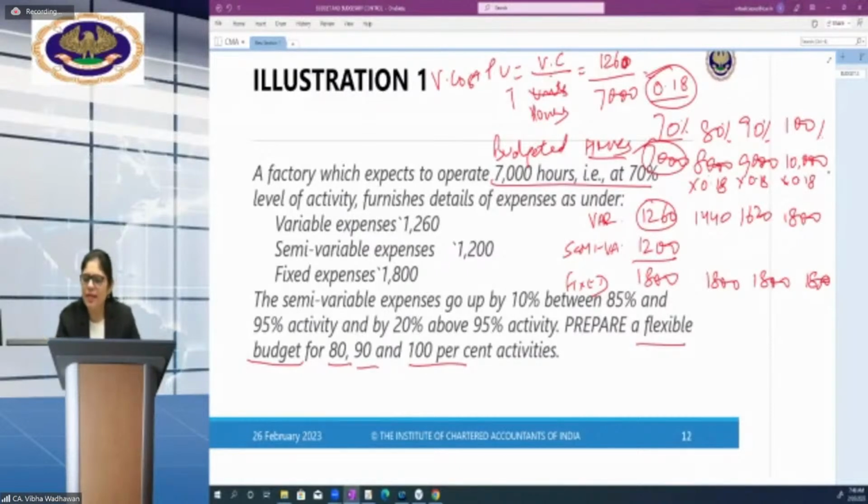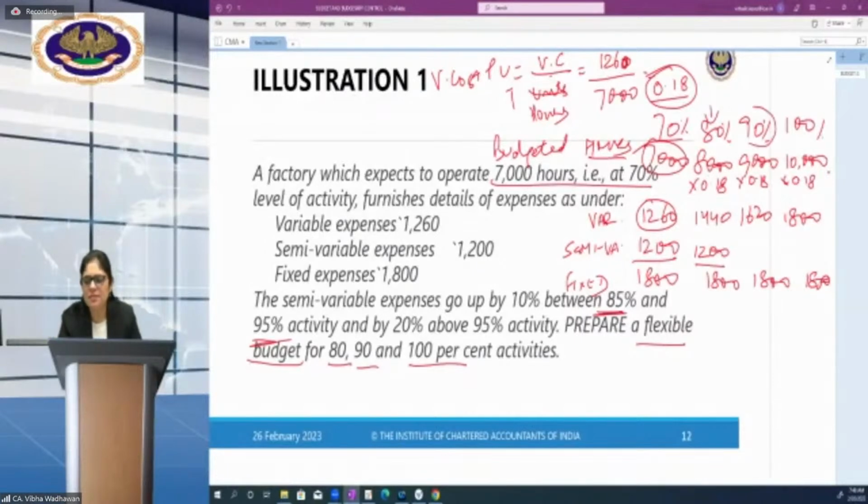So till 80%, semi-variable is not going to change, because it changes only between 85 and 95. I hope you have understood this. So it will go up only beyond 85. Clear? So till 80, semi-variable will remain the same.